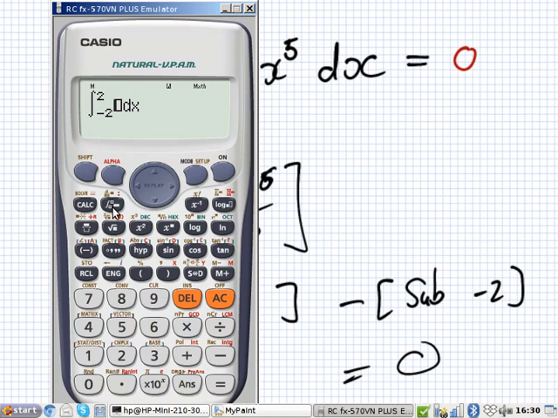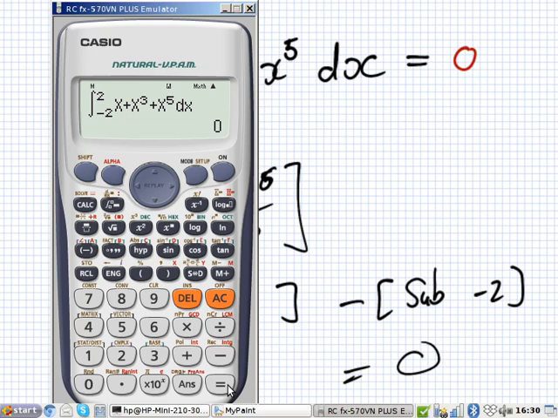So what was my question? It was x, so alpha x plus alpha x cubed plus alpha x power 5 equals, and it will calculate, and we get 0 here.